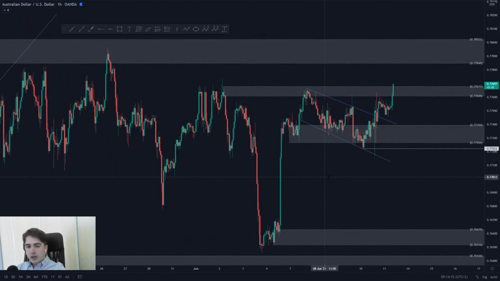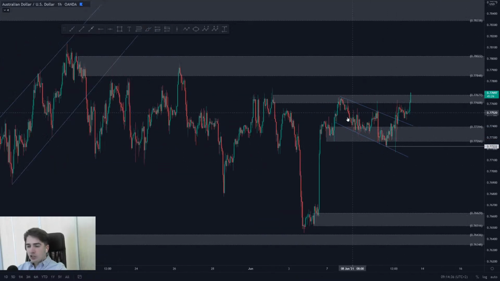So at the moment, what we also saw was that we had some kind of a descending channel. Not the most beautiful descending channel, however, it is a valid descending channel. So after coming in towards lows, we had some sort of a 1, 2, and then a third touch. However, pretty hideous.